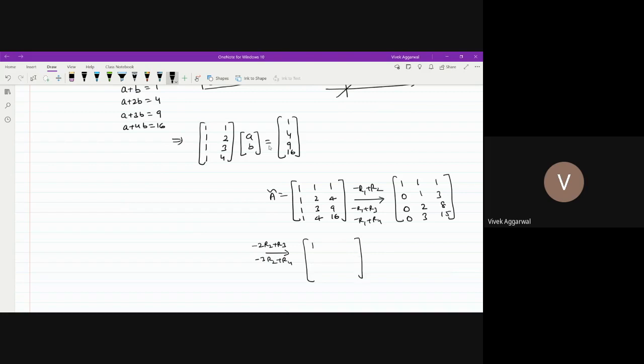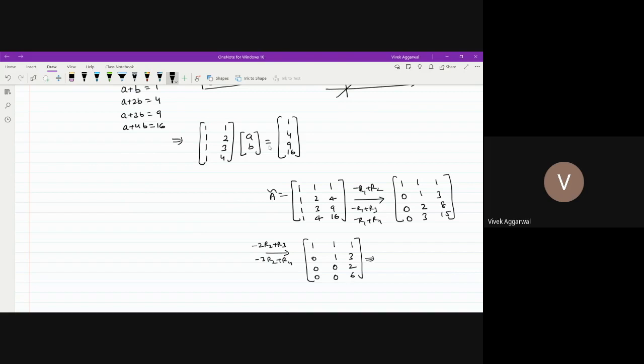I'll get 1 1 1, 0 1 3, then 0 0: minus 2 plus 2 is going to be 0, minus 6 plus 8 is going to be 2. Here minus 3 plus 3 is 0, and minus 9 plus 15 is 6.